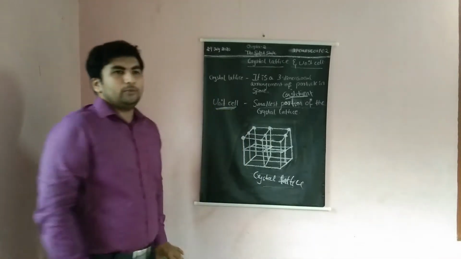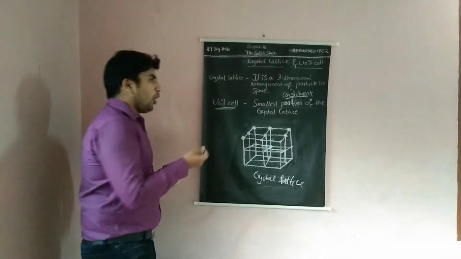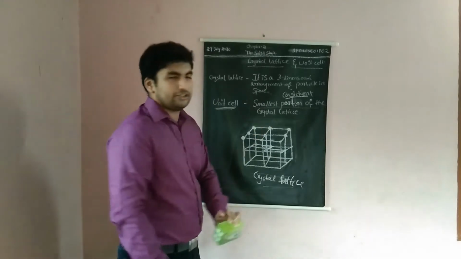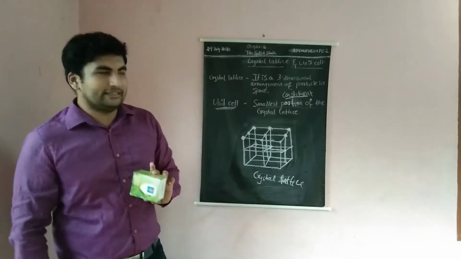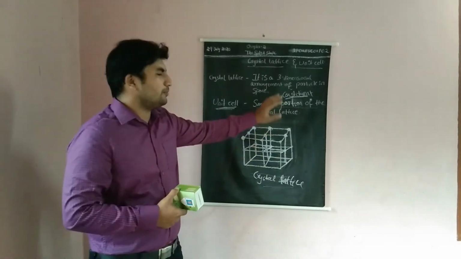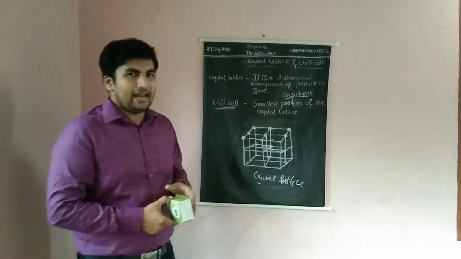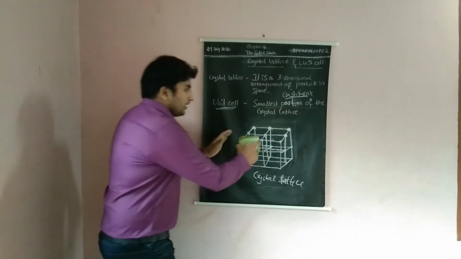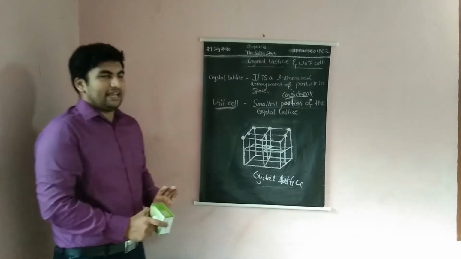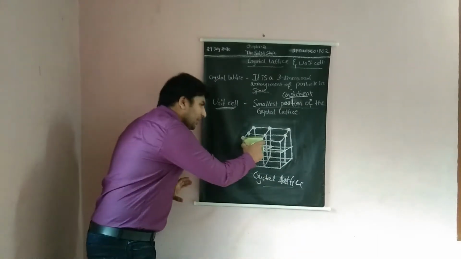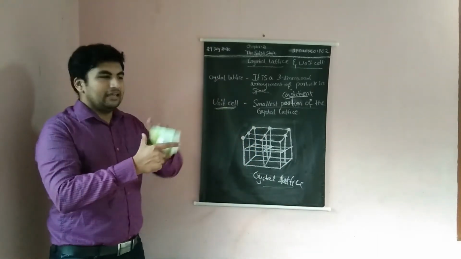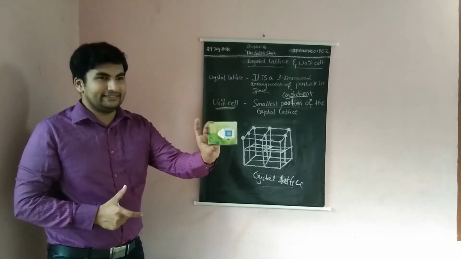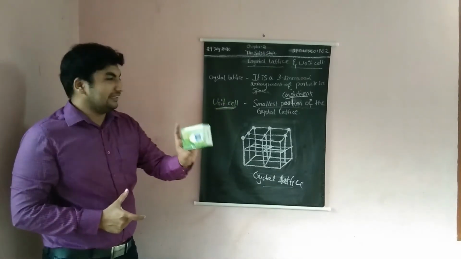So, the next one, unit cell. The smallest portion of the crystal lattice is called a unit cell. This whole system is considered as a crystal lattice, and I will take one portion from this. This is a unit cell.